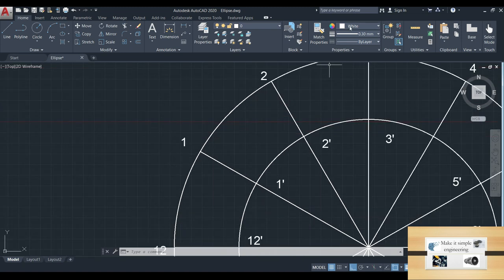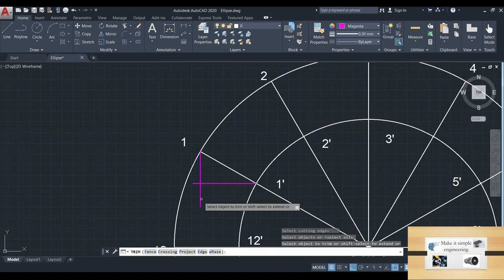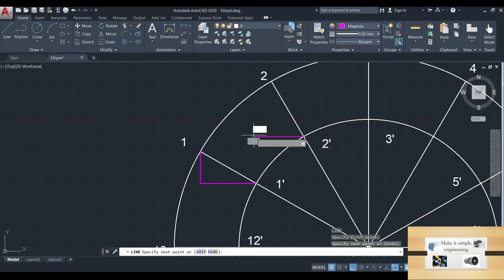So after that we can connect 1 dash, 1 and 1 dash by means of straight lines like this. From 1, draw vertical downwards vertical line, and from 1 dash we can draw horizontal line like this. Okay, so from 2 dash a horizontal line like this, and from 2 a vertical line.